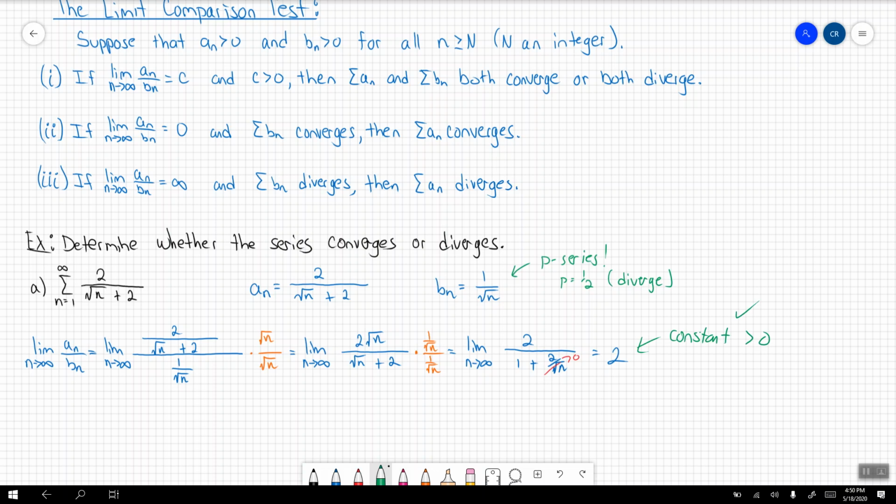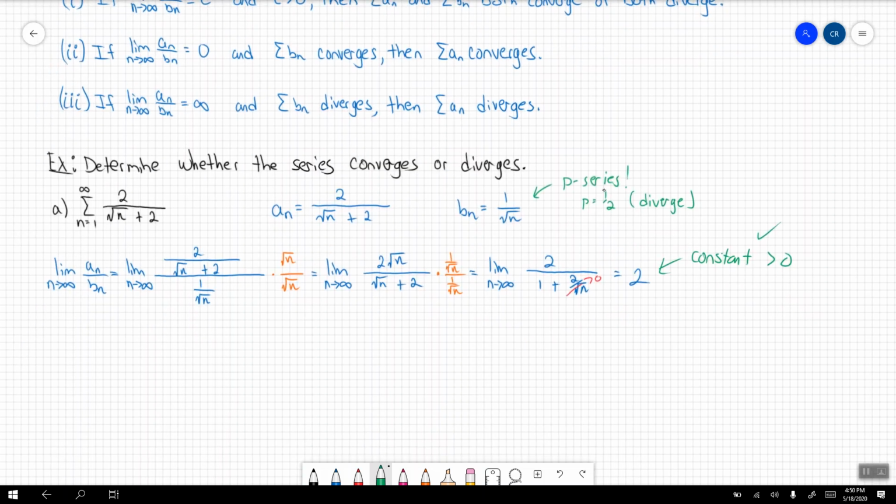Constant greater than 0. Then both of your series are either going to converge or both diverge. Well, we know about one of them. They diverge. Or the denominator at least diverges. The series for that denominator will diverge. That must mean that the numerator must also diverge as well. And the series for the numerator was the one in question.